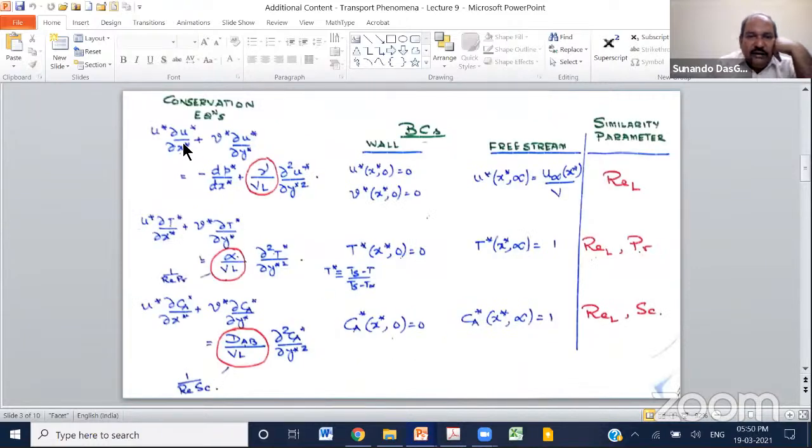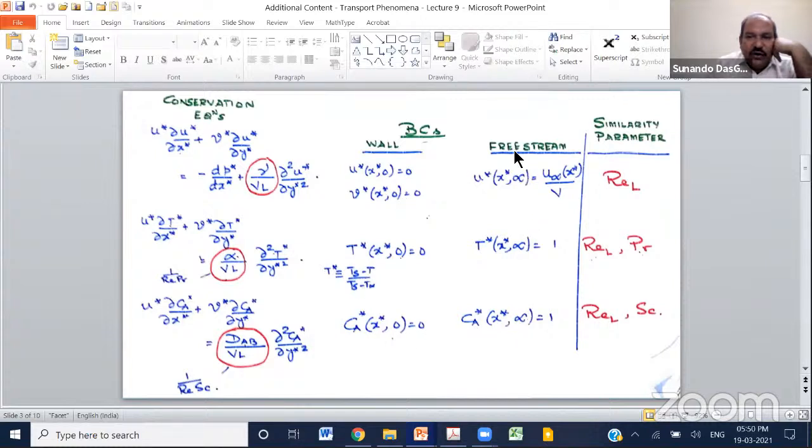If you non-dimensionalize all these three equations, what you get are the similarity parameters. This is the Reynolds number, this one is Reynolds times Prandtl number, and this one is Reynolds times Schmidt number. And if you look at the boundary conditions, they are also identical.